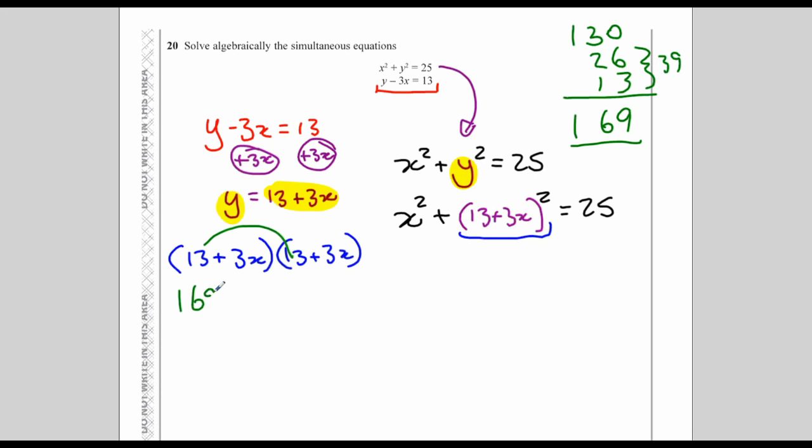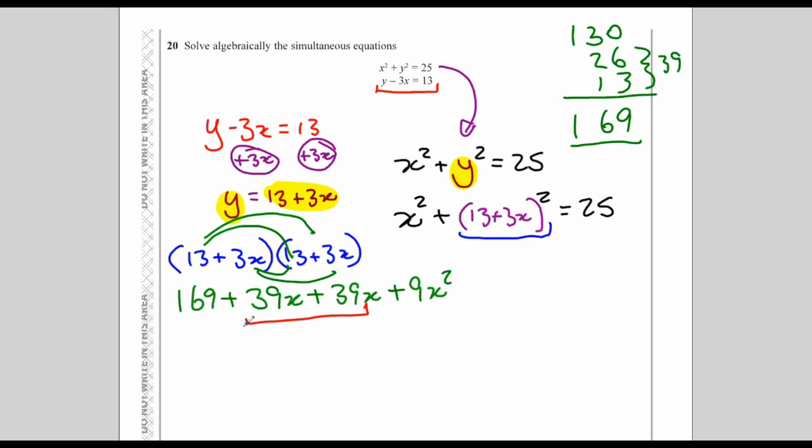We had that before, do you remember? Square root of 169. 13 times 3x. Same again. 3x times 3x, 9x squared. 39 at 39, 78.